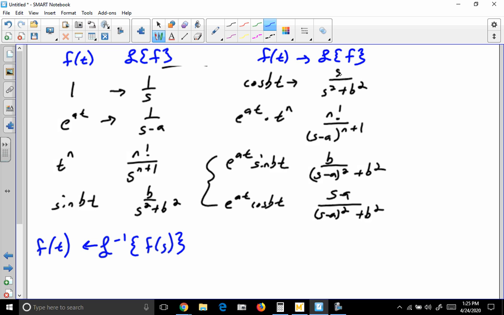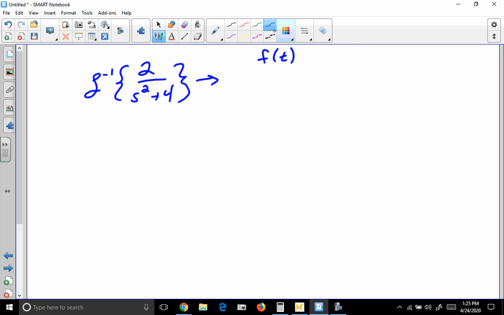One has s on top, s squared, and a constant squared on bottom. If we look at this one, this is 2 squared. So essentially what we have is b on top, s squared plus b squared on bottom, where 2 is b.